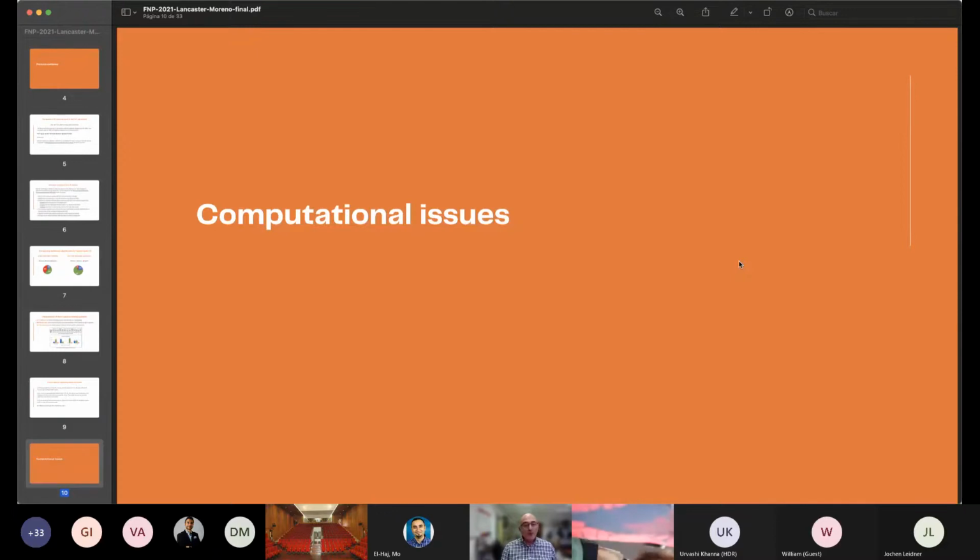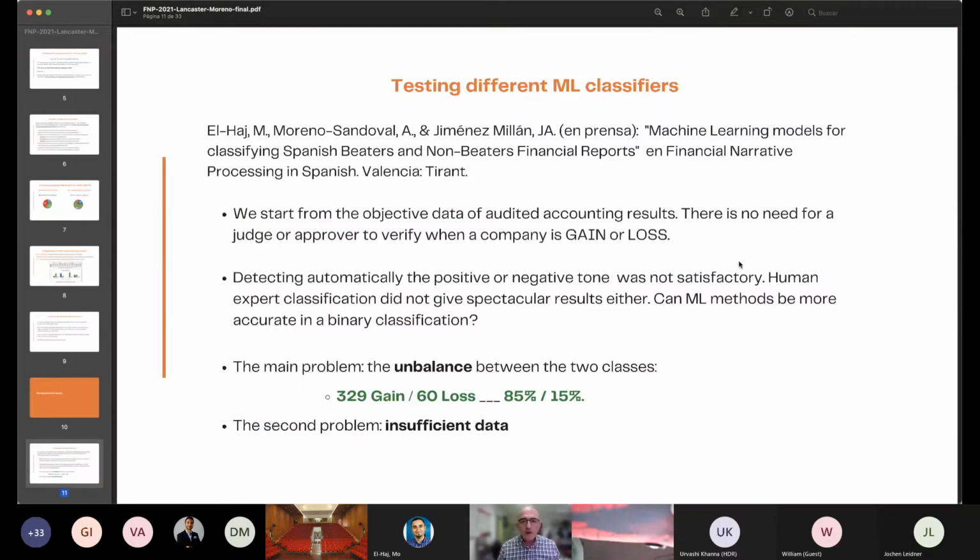So now I will address some computational issues in order to understand the problem. Elhadz, myself, and Jimenez Millán, we tested different machine learning classifiers. We start from the objective data of the audited accounting results.